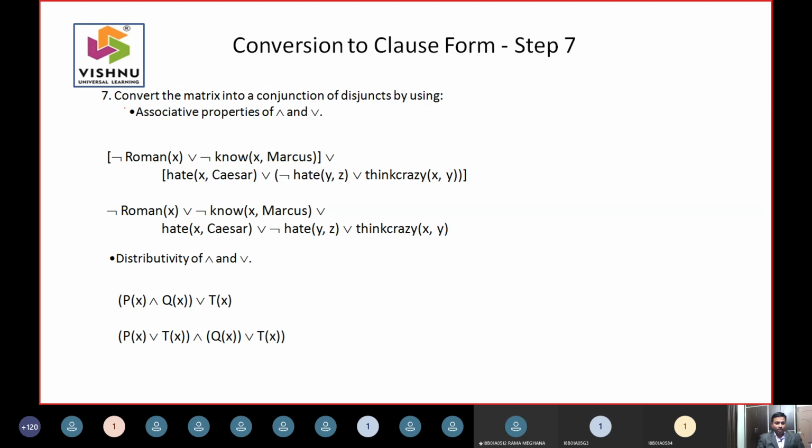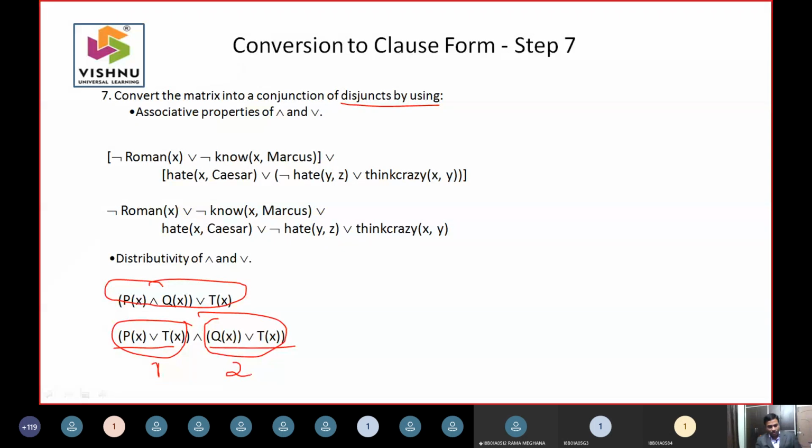So we have discussed this: convert the matrix into a conjunction of disjuncts. If you have an expression like this, you can apply this rule to get these two. This is statement 1, and this is statement 2. This is the nomenclature that you have in your textbooks.